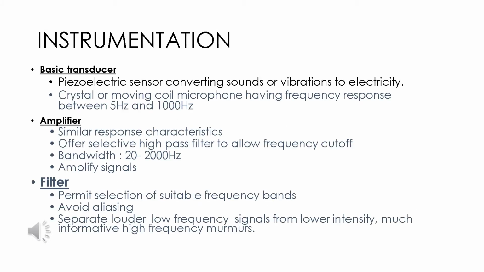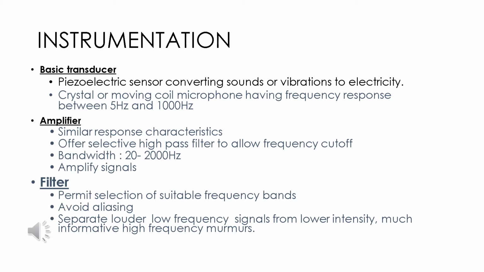Some instrumentation is needed in order to create an effective phonocardiography. A phonocardiograph consists of a basic transducer, which consists of a piezoelectric sensor that converts sounds or vibrations into electricity, and a crystal or moving coil microphone having a frequency response between 5 Hz and 1000 Hz.